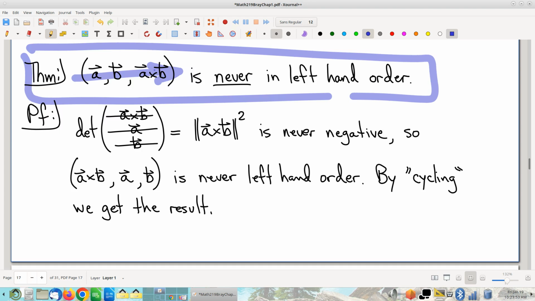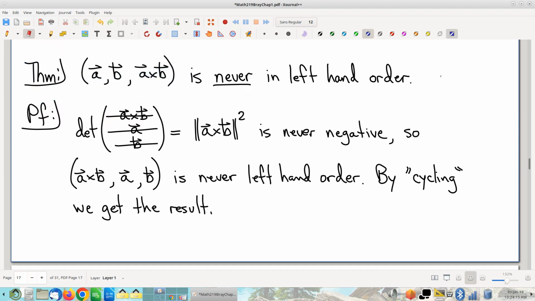But the strict statement here is that it's never in left-hand order. Generically, most of the time, anomalous cases with zeros being accepted, this list is always in right-hand order.